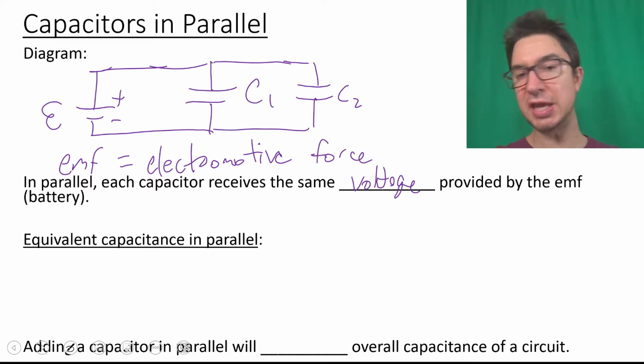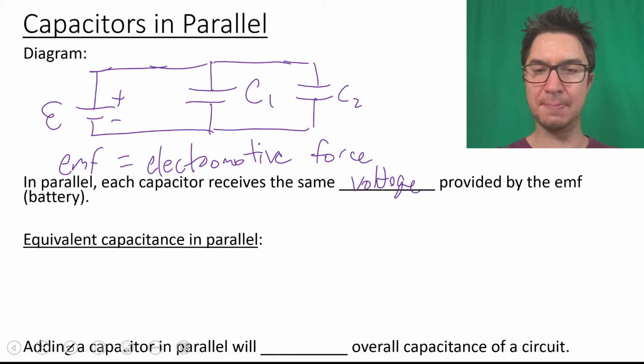Now, this is the same pattern that we saw for resistors in parallel, where we also saw the same voltage was provided to each resistor. So the same pattern we're seeing here, that in parallel, each capacitor gets the same voltage.